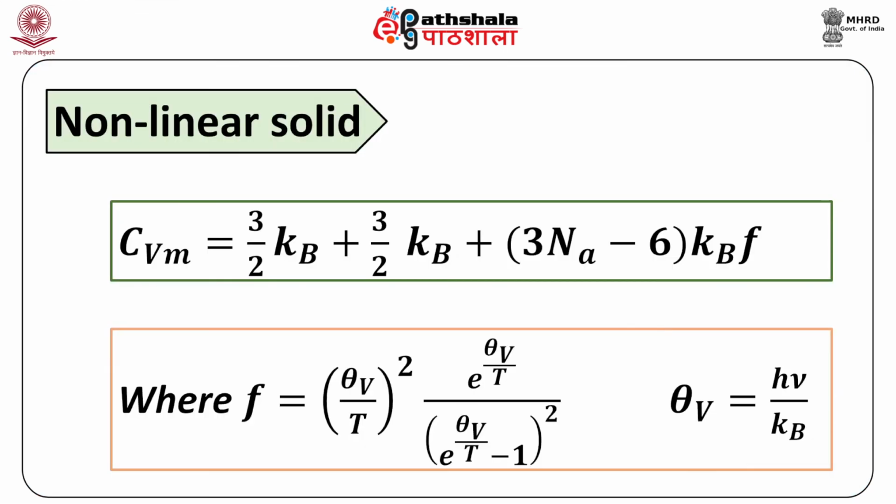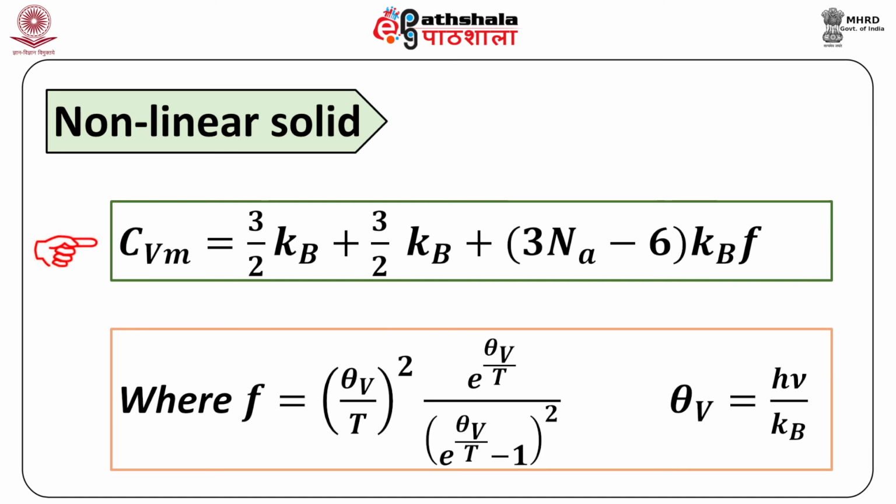Now, if we take half kB to be the contribution for each degree of freedom, for translational as well as rotational, then for this nonlinear solid, Cvm becomes 3/2 kB plus 3/2 kB. These two terms are contributions from translational and rotational, and the remaining vibrational degrees of freedom will contribute.